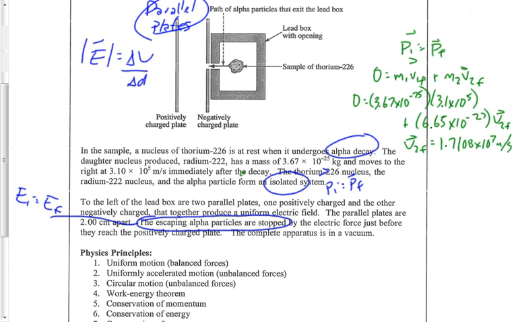And I'll tell you what, when I got the final velocity of the alpha particle, I thought, hey, I think I'm on the right track here. Because if you read the question, it says, what's the electric force on the alpha particle? I just solved for something about the alpha particle, and I'm looking for something about the alpha particle.